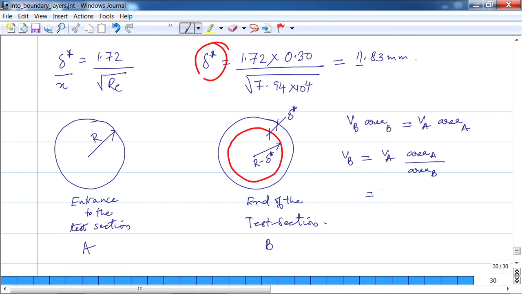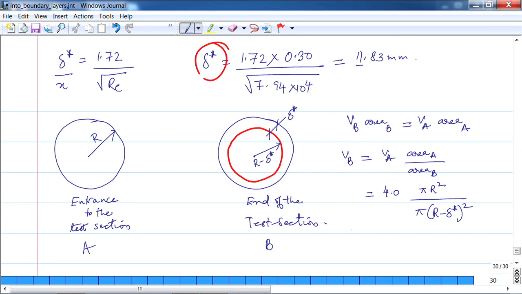Now, VA is 4 meters per second, which is given to us. What is area A? It is pi r squared, and area B is pi (r minus delta star) squared.